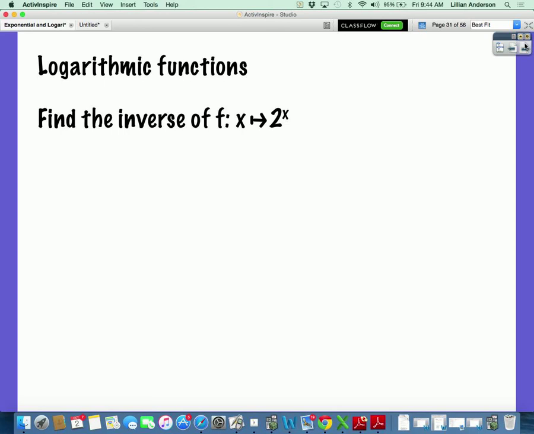So what does that notation mean? F, colon, x, arrow. What's that? It just means f of x. Do not forget about that. That notation just means f of x.